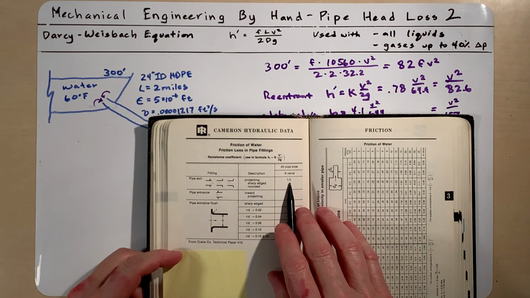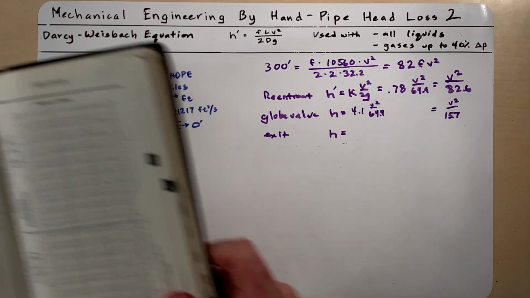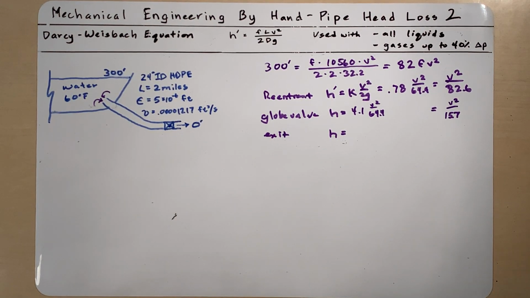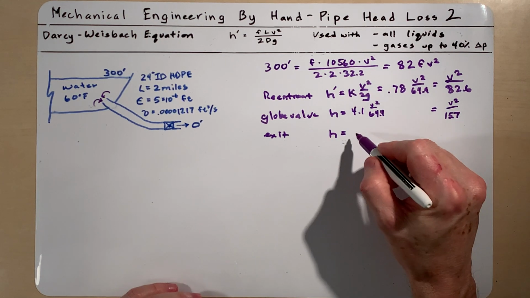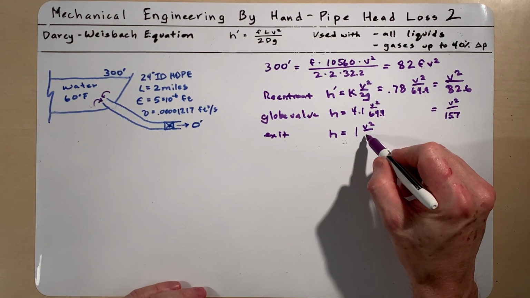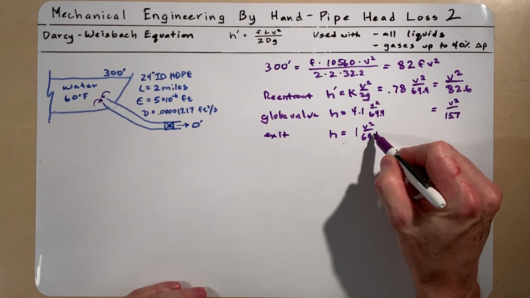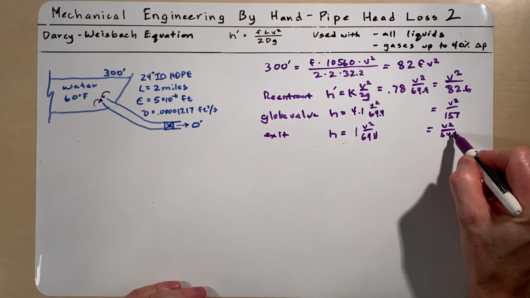For all pipe sizes, the K value is 1. So K is 1, and then we have V squared over 64.4, so that equals V squared over 64.4.